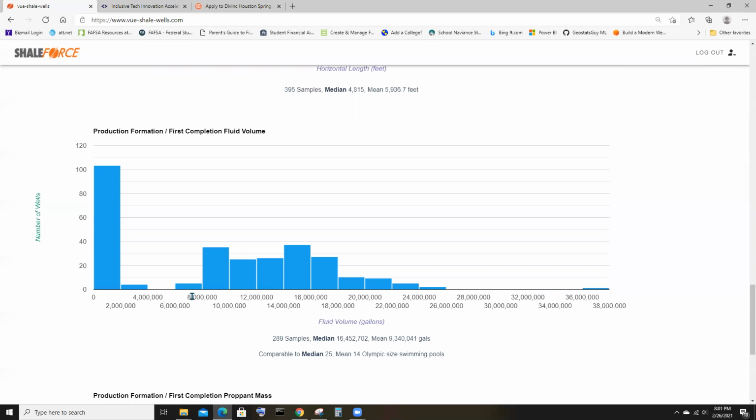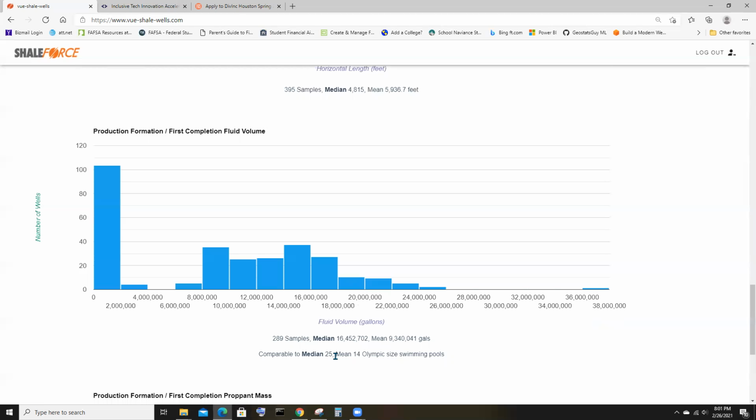But the thing to keep in mind is that if we're thinking about perhaps energy storage with pressurized water, you need about 4 swimming pools' worth for 1,000 homes at 10 kilowatt hours of capacity. So here is a quick conversion of those gallons into comparable Olympic size swimming pools.